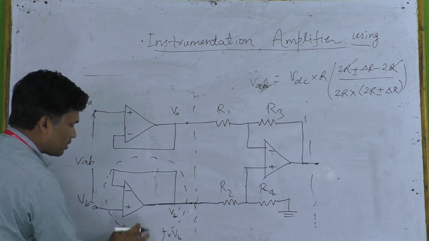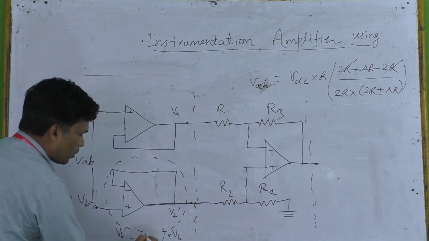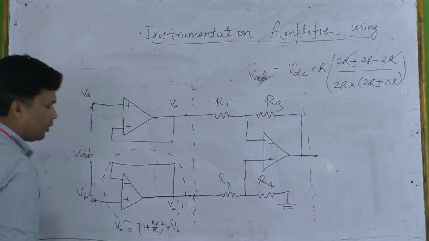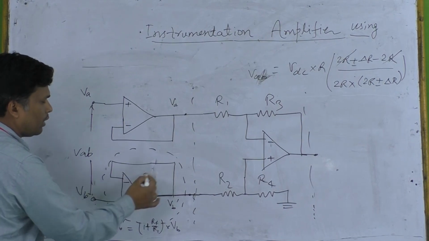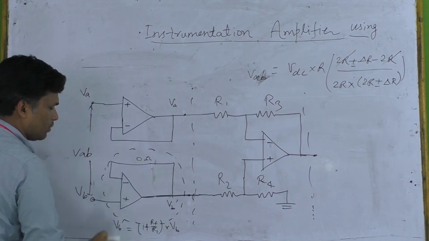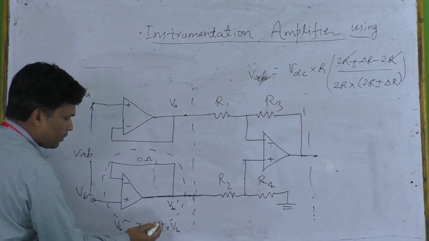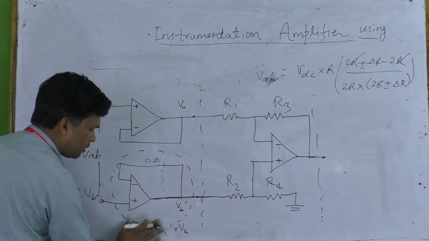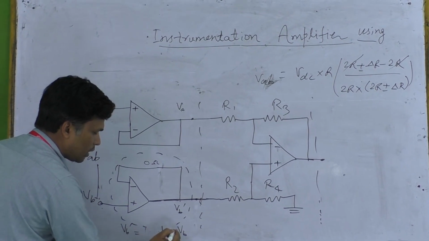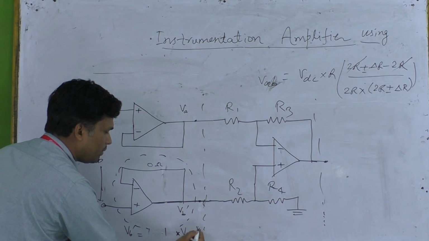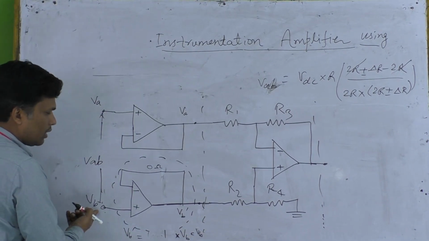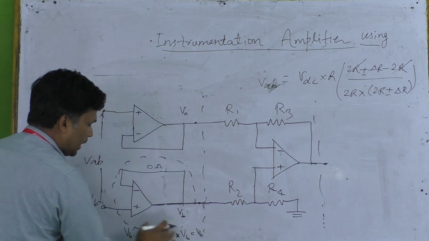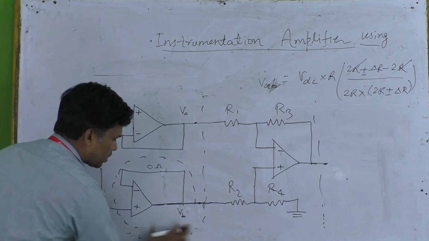Now the gain of this non-inverting amplifier is 1 plus RF by R1. What is the value of this RF? It is 0. So 1 plus 0 divided by anything will be 1. So it is 1 cross VB, ultimately you will get VB. Whatever you have over here will be the same at VB dash, and that's why I have assumed it as VB, and this is called a buffer amplifier.